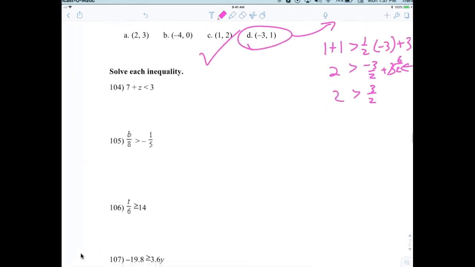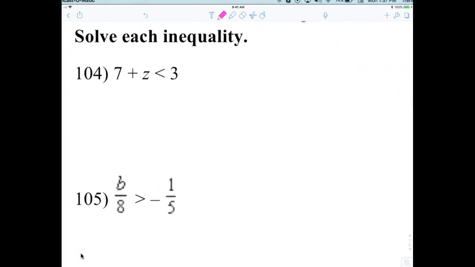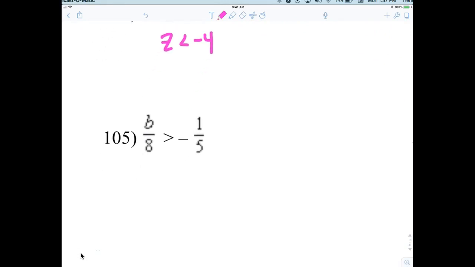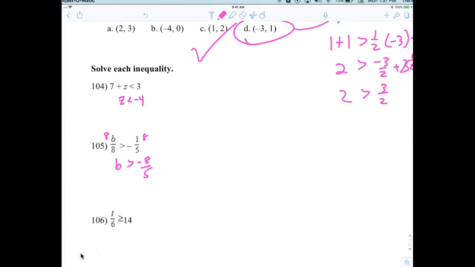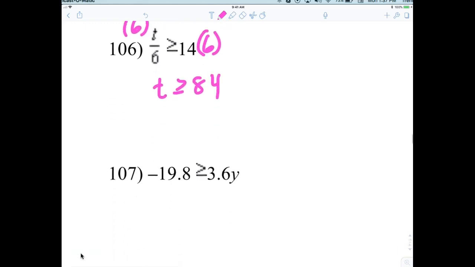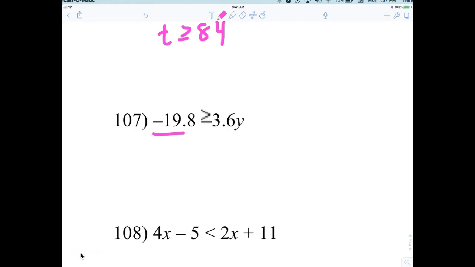Solving this inequality here. Z is less than negative 4. Everybody agree with that? Multiply both sides by 8. So B is greater than negative 8/5. Multiplying by 6. T is greater than or equal to 84. Dividing by 3.6.